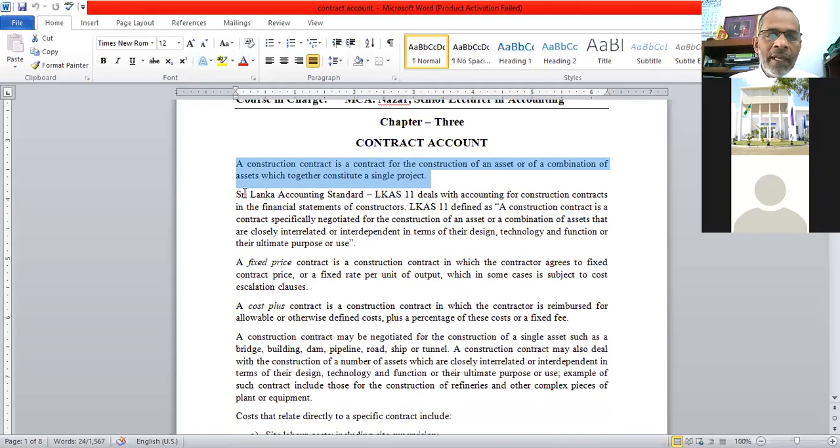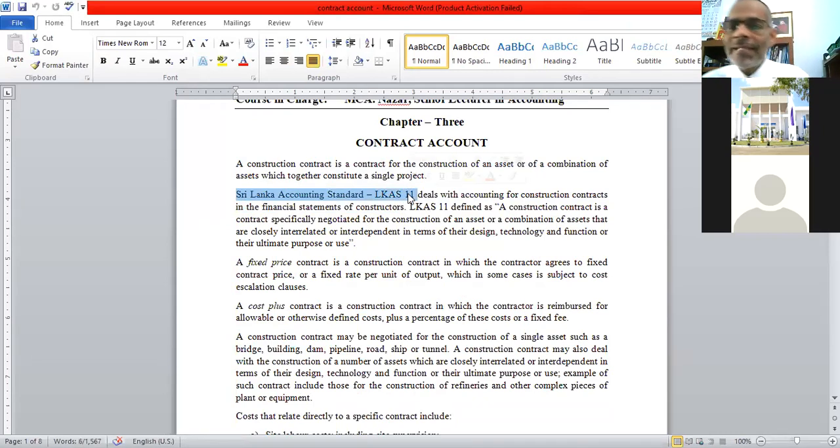Look at here, I have explained the Sri Lanka accounting standards; LKAS 11 is the applicable standard. I have highlighted here that LKAS 11 is the applicable Sri Lanka accounting standard. There, what do you mean? What is the definition given by the LKAS 11? I will read it to you.